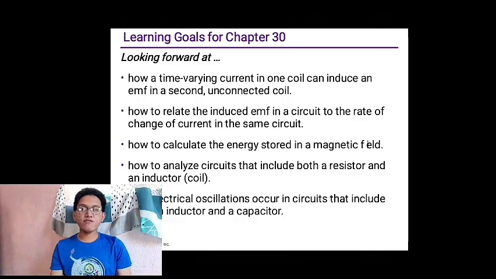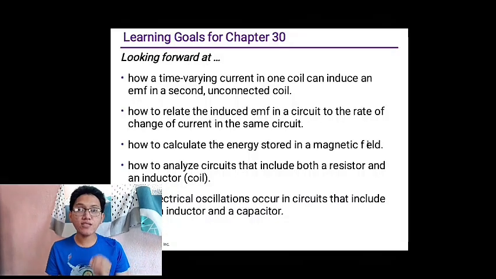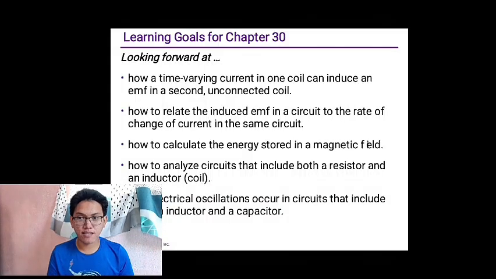Let us first look at the learning goals for chapter 30. At the end of this lesson, we should be able to, first, explain how a time-varying current in one coil can induce an EMF in another nearby coil, a phenomenon called mutual inductance. Second, relate the induced EMF in a circuit to the rate of change of current in the same circuit, which is called self-inductance.